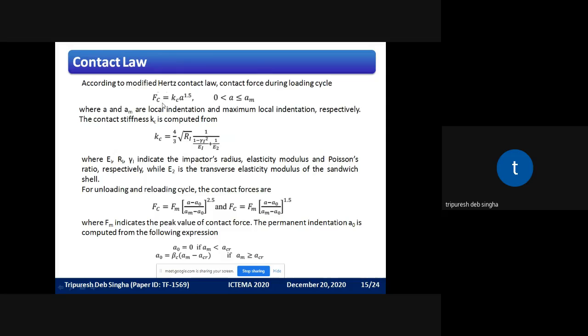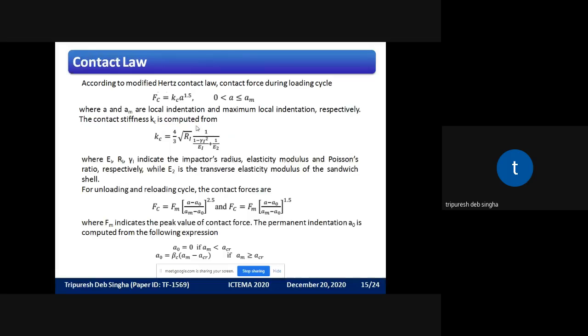That means the contact force Fc is proportional to the modified contact stiffness, which can be calculated using this formula, where E1 is the Young's modulus of the impactor, E2 is the Young's modulus of the face sheet on which the impactor impacts, and Ri is the radius of the impactor.